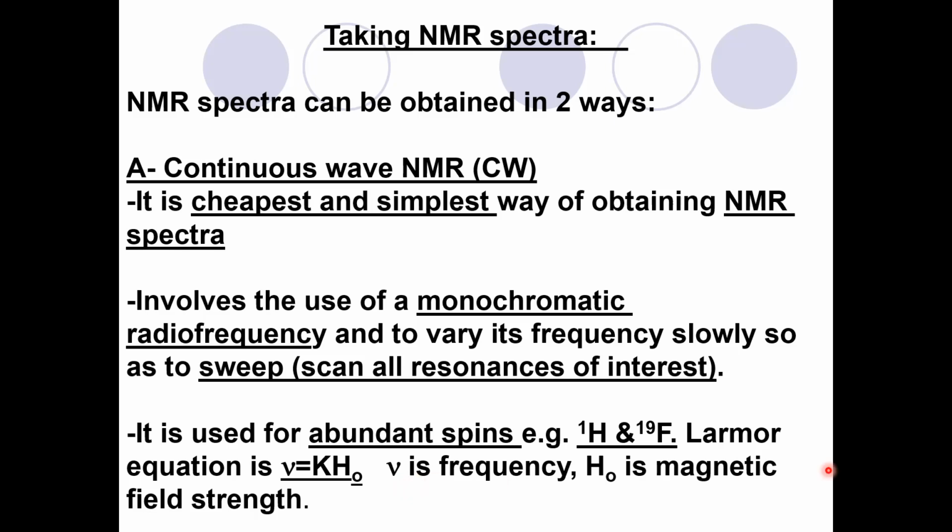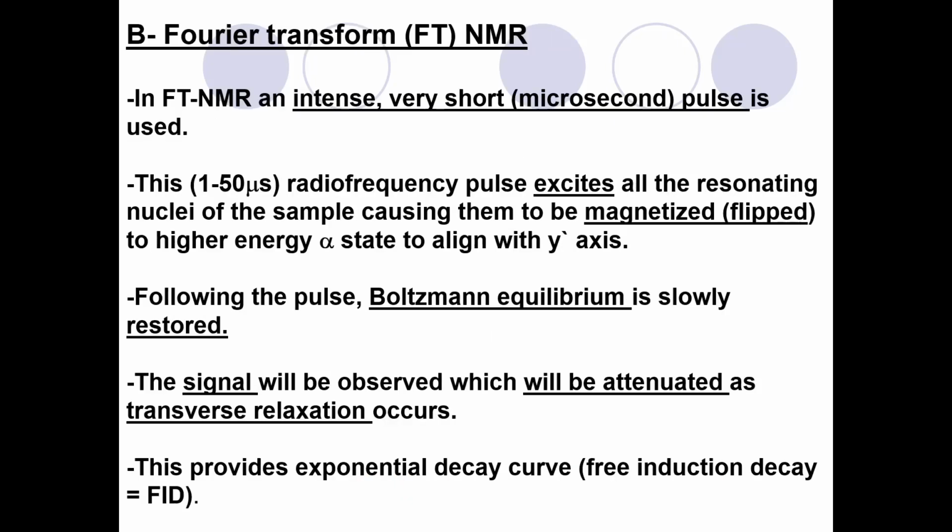Recently, we could obtain the NMR spectra using Fourier transform NMR spectrometers. These spectrometers use radio frequency in the form of an intense, very short pulse, or microsecond pulse. This microsecond pulse excites all resonating nuclei of the sample, causing them to be flipped or magnetized to a high energy state.